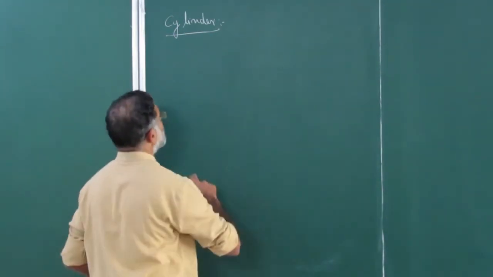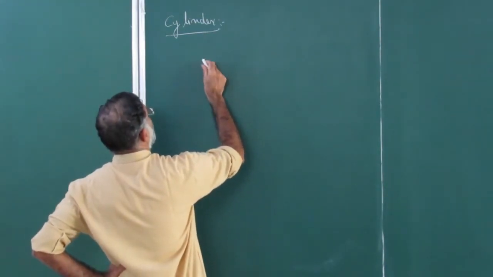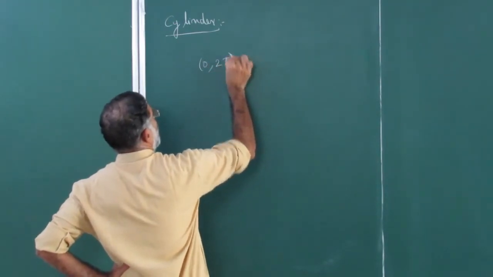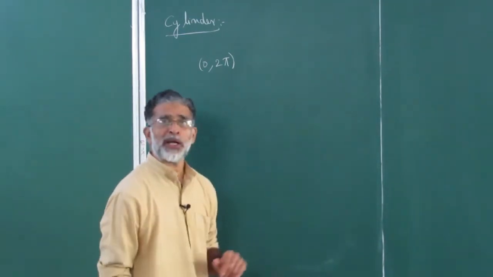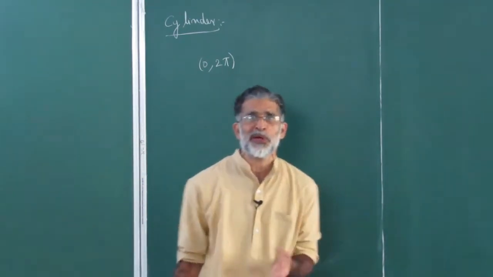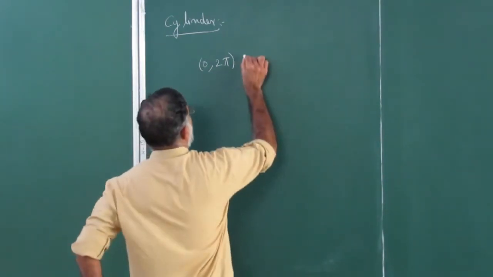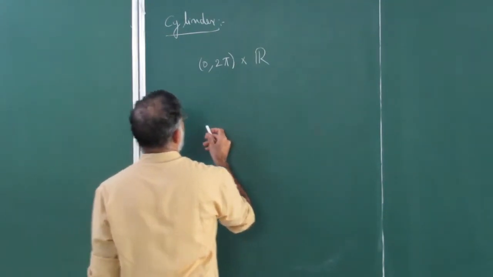So we start with a sheet having 0 to 2 pi. Well, x coordinate, y coordinate does not make any difference. Your first fundamental form is symmetric with respect to u and v, so there is no issue if you interchange. And the other side is r, that means you are taking the vertical.